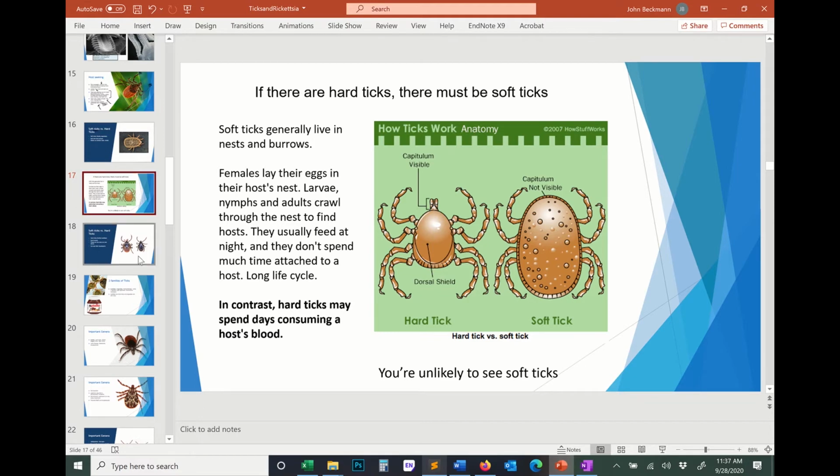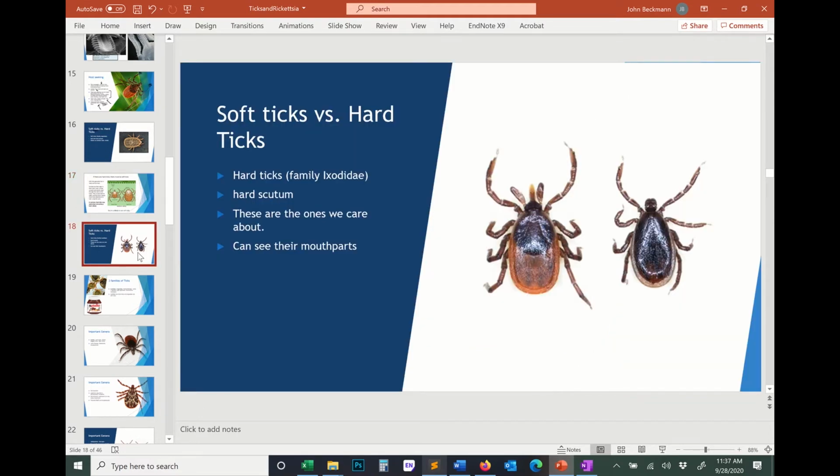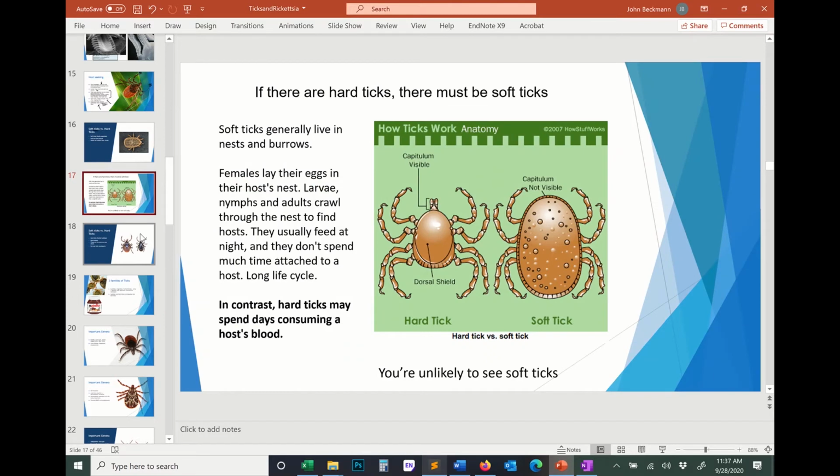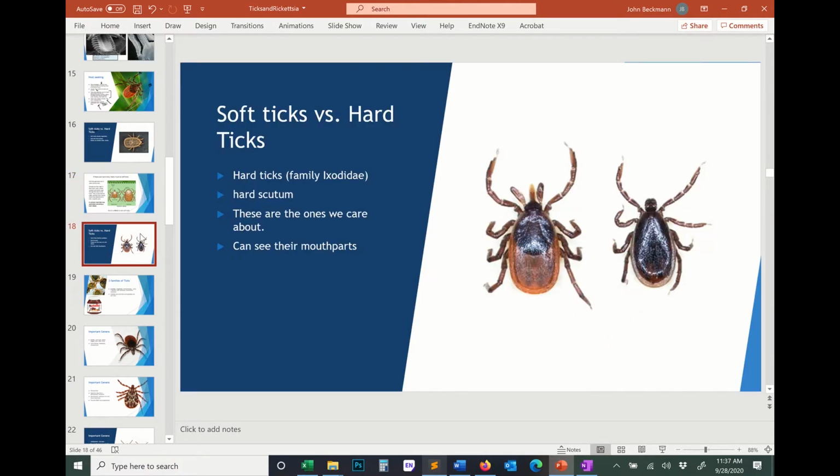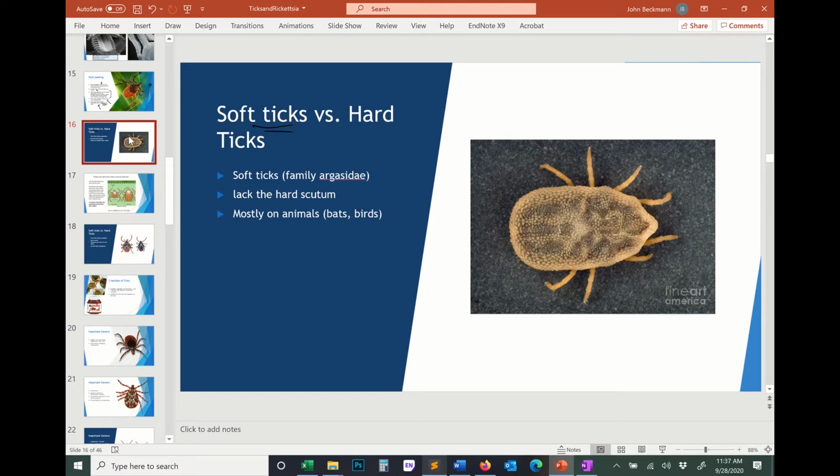The soft ticks are mostly on animals, like bats and birds. The soft ticks spread some diseases to humans, but we're not generally worried about them as much because we don't come into contact with them. Mostly what they do is they will be on a bird or whatever, and then they'll take a blood meal very quickly and fall off into the nest, and then they will molt in the nest.